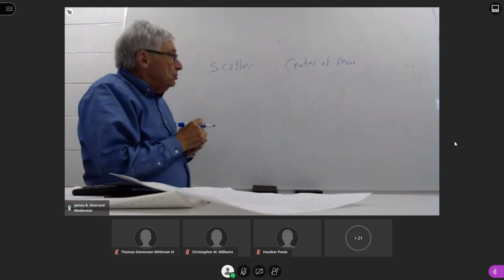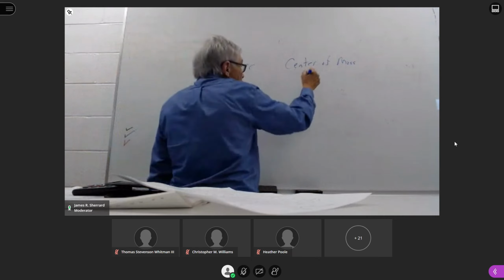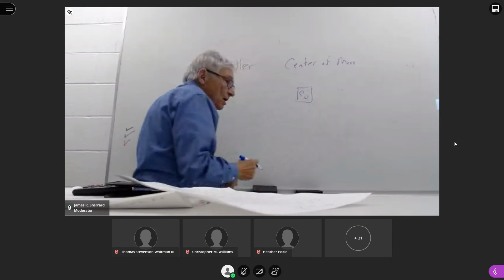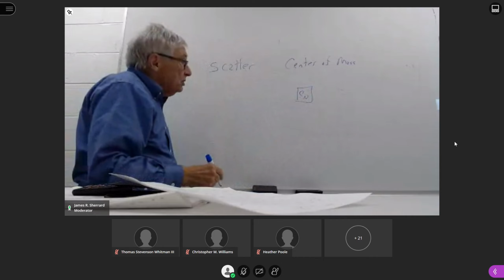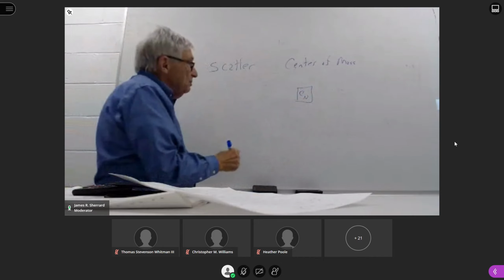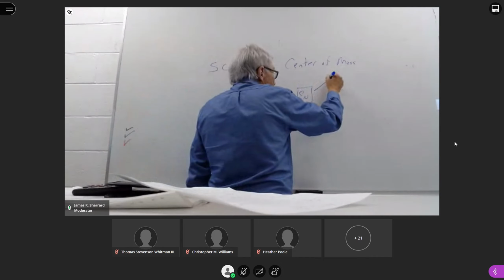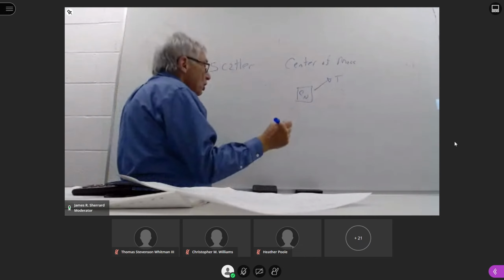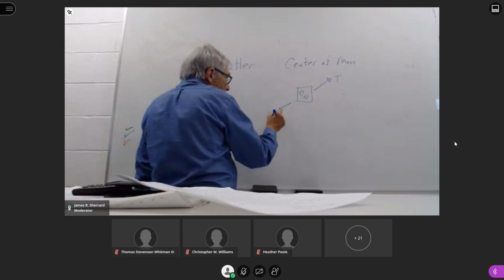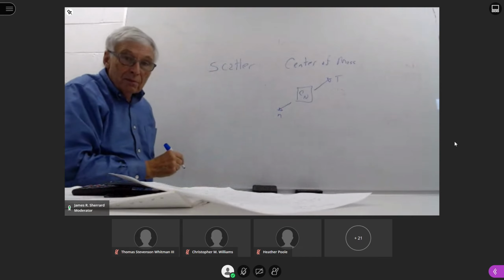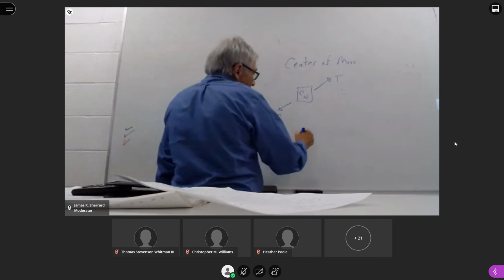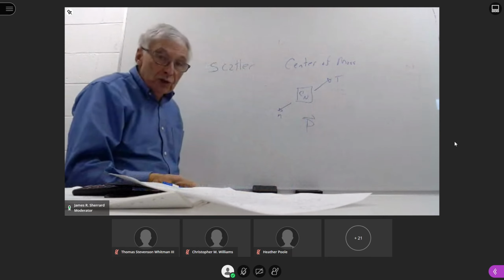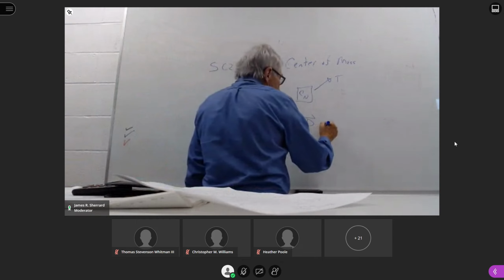So everything occurs around that. So for the center of mass system, if this is your compound nucleus, when the scatter occurs, the beauty of this system is if the target goes off in that direction, you know the scattered neutron must go in that direction, because linear momentum must be conserved. Linear momentum is 0.